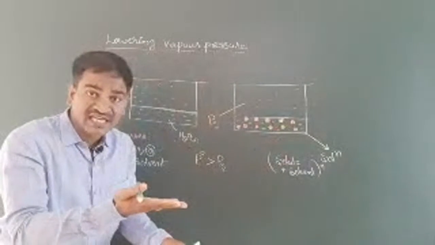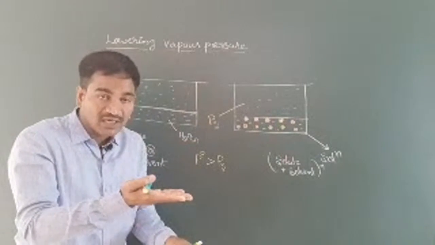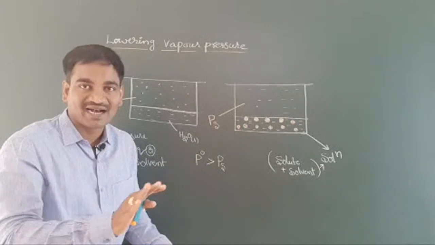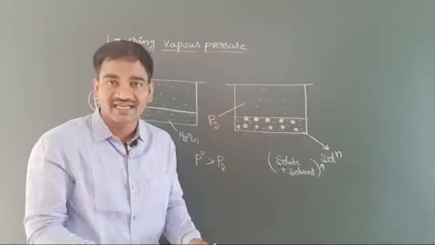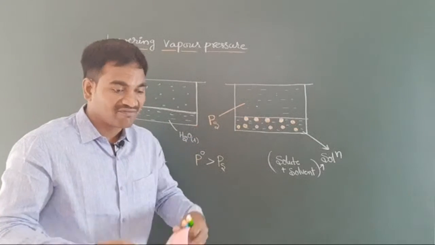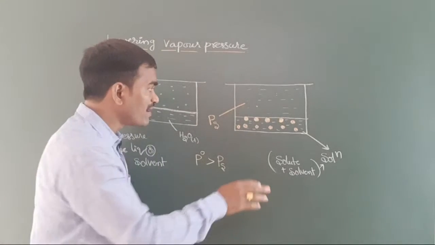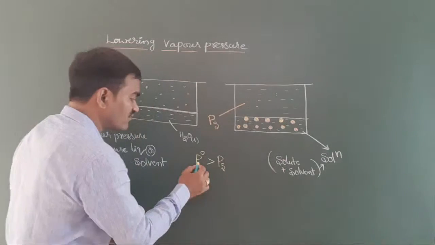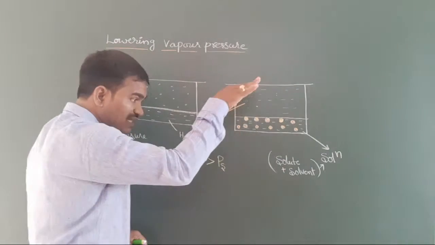This non-volatile solute never participates in the evaporation process, never involves in converting into vapor. So automatically the vapor pressure decreases. Have you got it? So therefore, you can take how much the pressure is decreased.